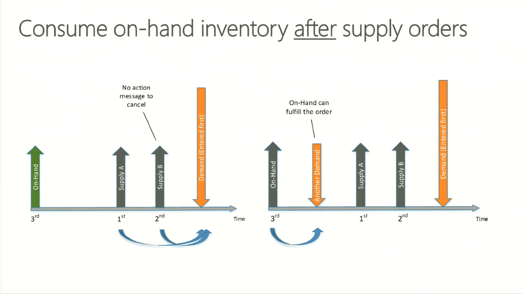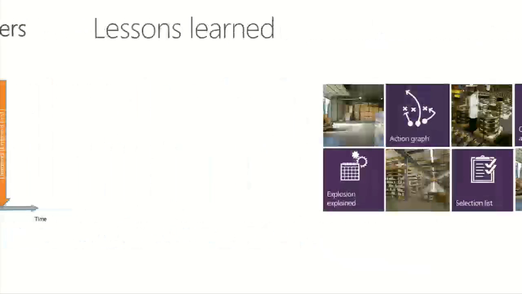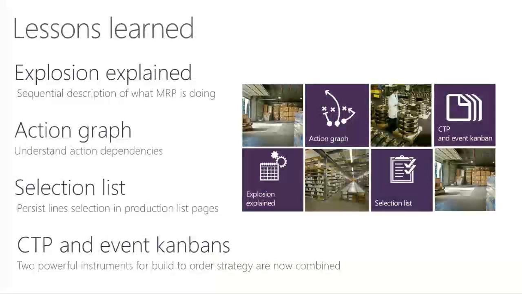All right, so with that, we would like to wrap up the session for today. In the beginning I was talking about how we can explain the planning behavior and what it's actually doing. Especially on the explosion, it's very easy to go into the client and see a description of exactly what the planning engine was doing.